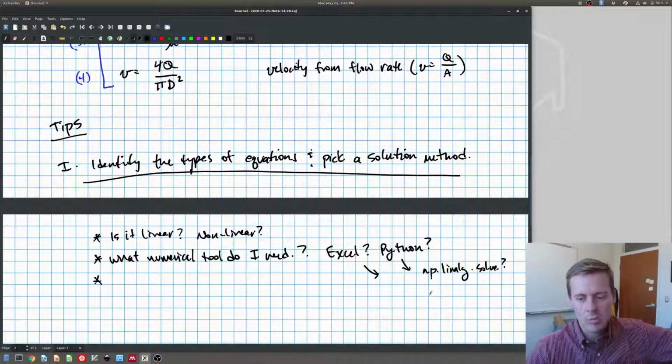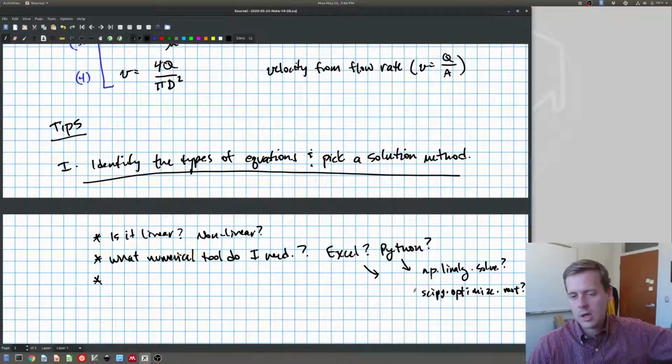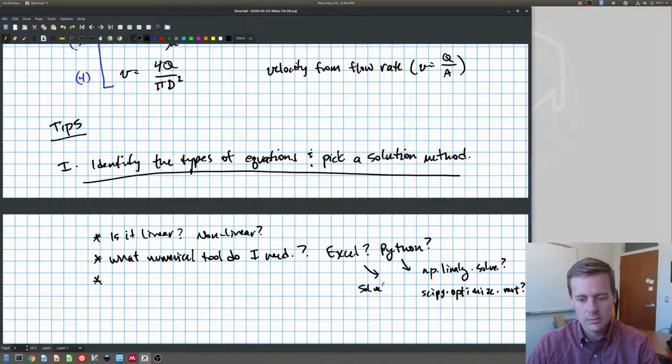When is that one useful? How does that one apply? What about scipy.optimize.root? These are the different numerical tools, say, inside Python that I might use. In Excel, I might be thinking about Solver, something else I might be doing in here.